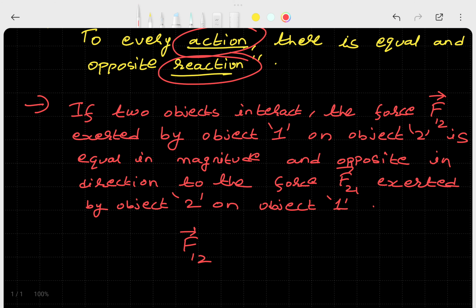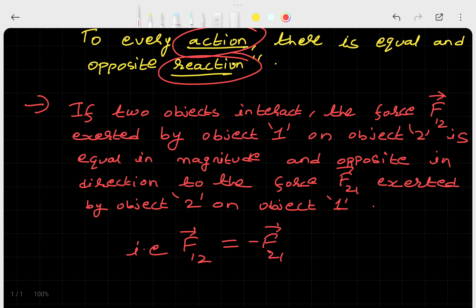Here F12 is the force exerted by object 1 on object 2, and F21 is the force exerted by object 2 on object 1. Since I have given the vector sign, I need to write a minus because the direction is opposite. Many students have doubts about vector and scalar.